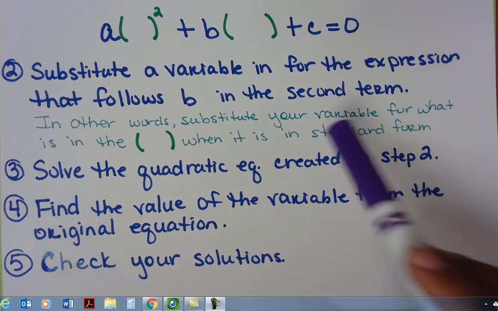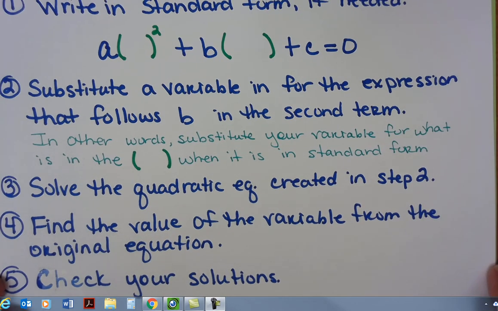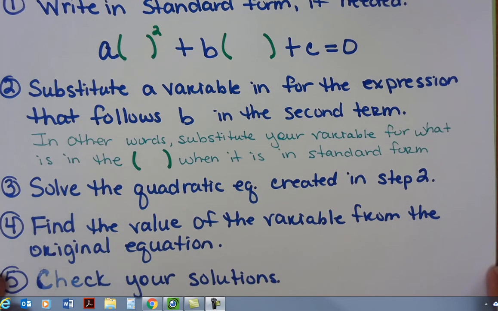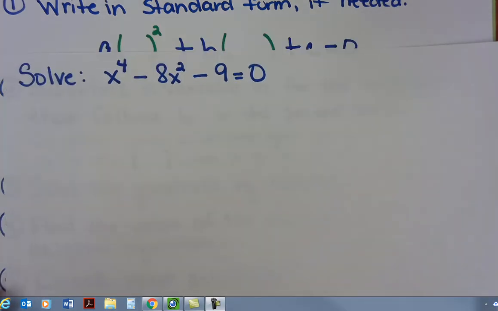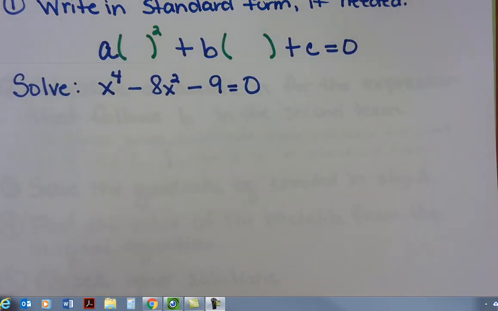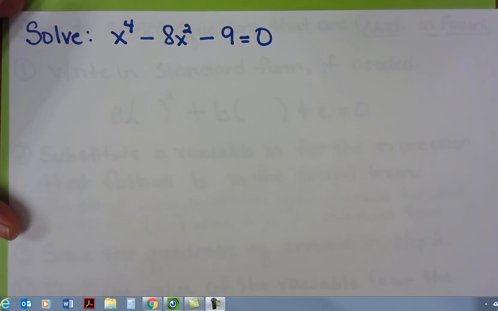So we're going to keep this paper in front of us as we solve equations that are in quadratic form. For our first example, let's look at what we have here. We have x to the fourth minus 8x squared minus 9 equals 0.